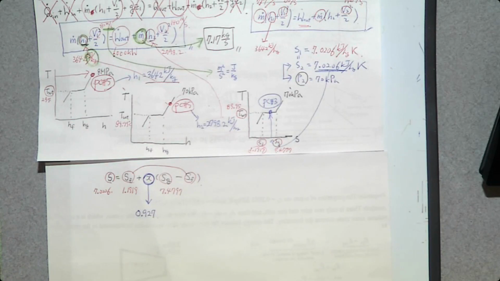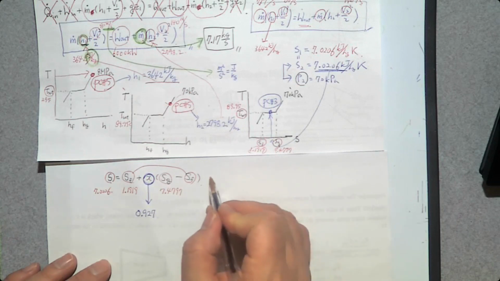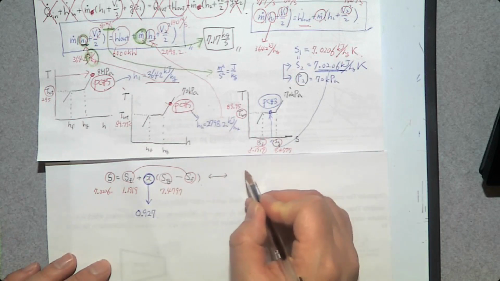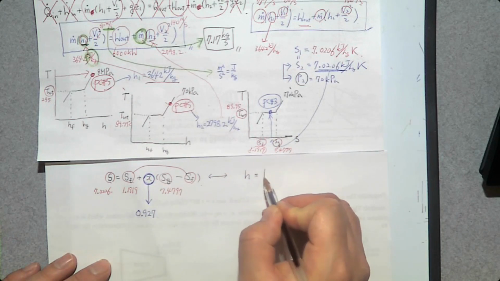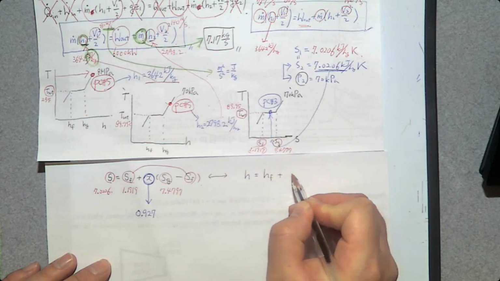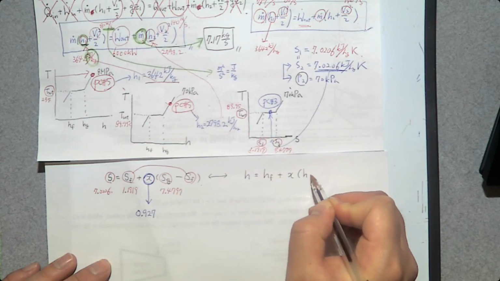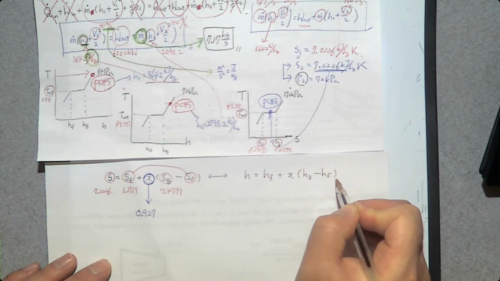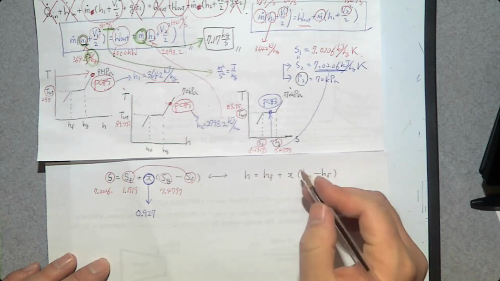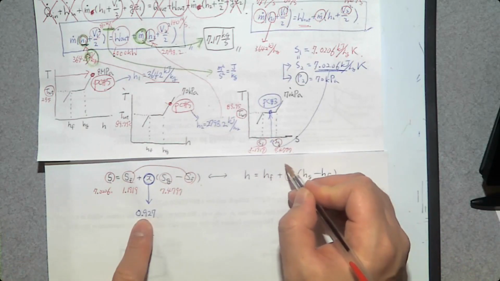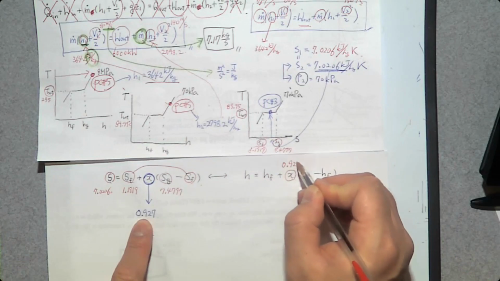Once you know the quality X, can you determine specific enthalpy H? Now, yes, we can use the same equation. H is HF plus quality X times HG minus HF. And here, this X is going to be 0.927.